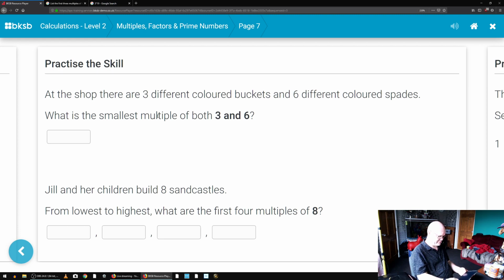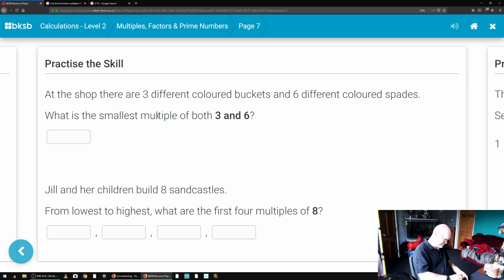Right, let's do this properly then. So it's 3, 6, 9, 12, 15. Get the sums right. 18, 21, 24. Yeah, 1, 2, 3, 4, 5, 6, 7, 8.